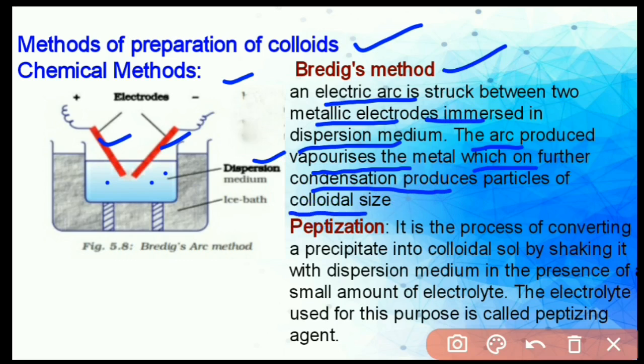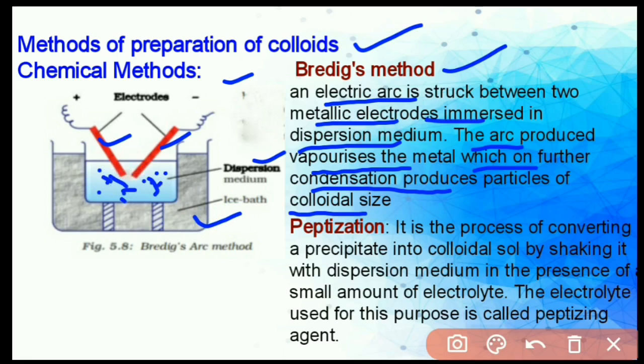So for the condensation process, vaporized particles convert into colloidal size. The beaker is kept inside the ice bath, and these colloidal size particles dissolve in the dispersion medium and make a colloidal solution.